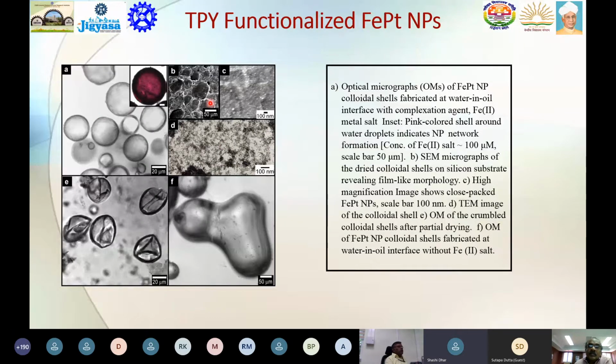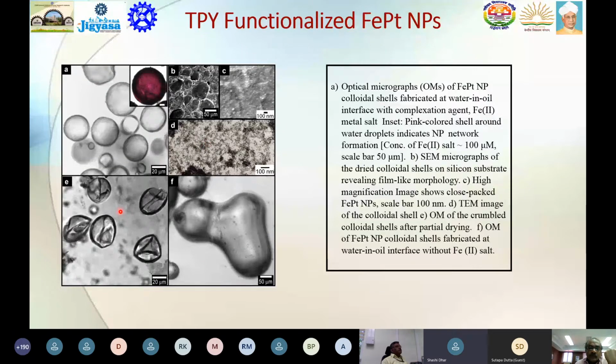These are some of the microscopic images. If it's a regular material, then I'll be able to look through an optical microscope. That is what you see as image A, right? Image B and C are scanning electron microscope images, and D is a transmission electron microscope or TEM image, right?